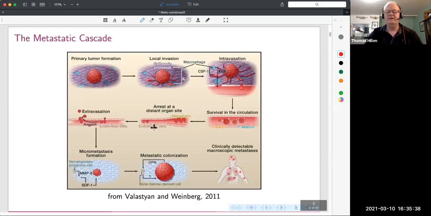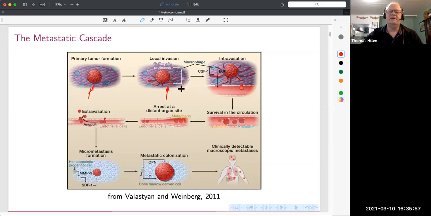Okay, so here's a predominant picture of how metastasis works. It's called the metastatic cascade. Let's talk about these steps first. Everything starts with a primary tumor sitting in some tissue here. Then often you observe local invasion.